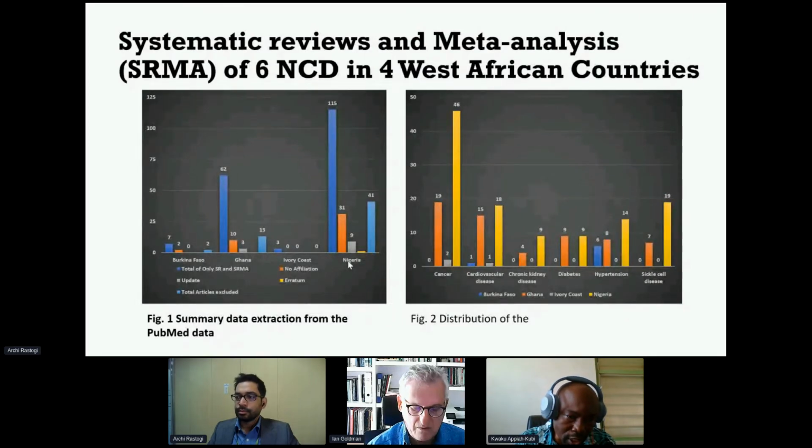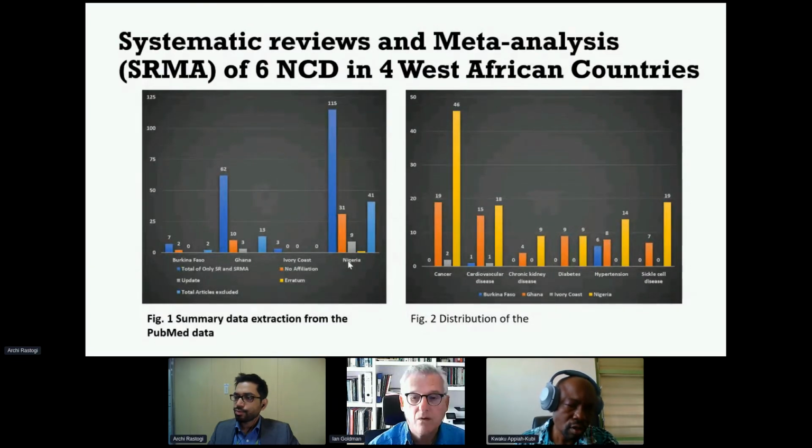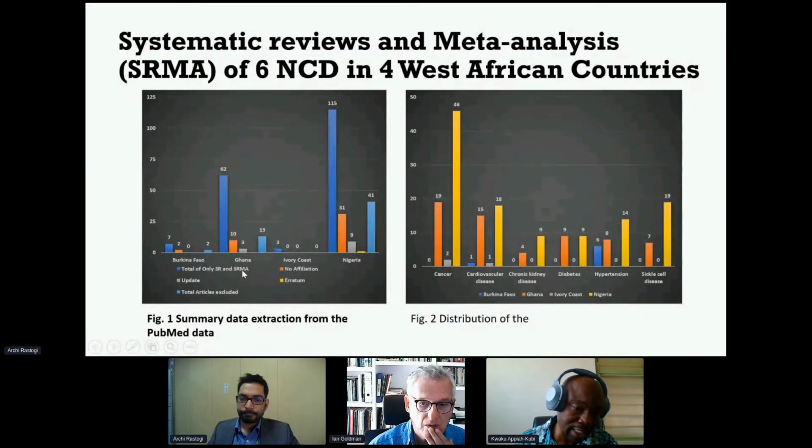And what you can see here is the result. To do the grouping, we looked at the total of only systematic reviews and the total of systematic reviews and meta-analyses, separated from only meta-analyses and only systematic reviews.